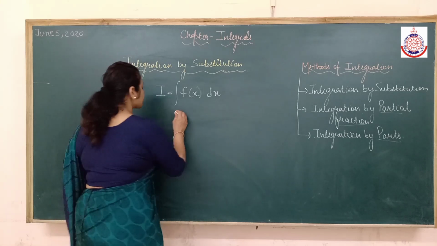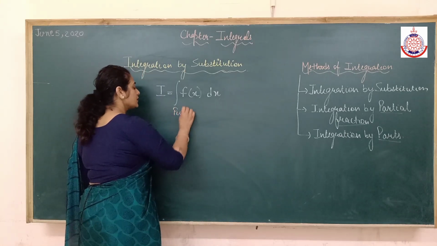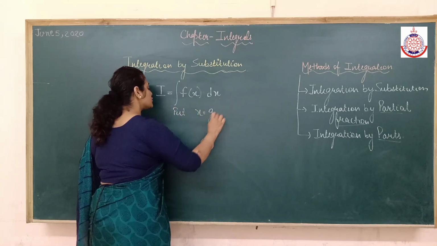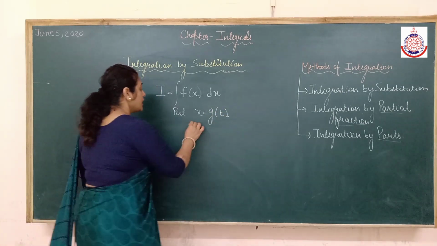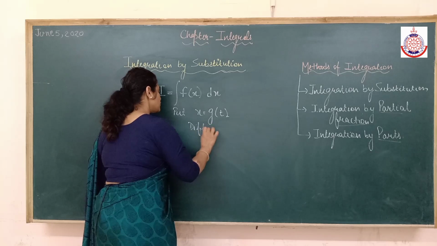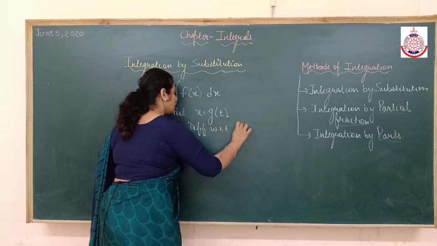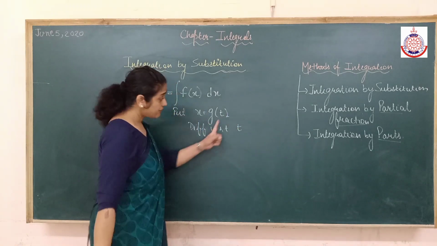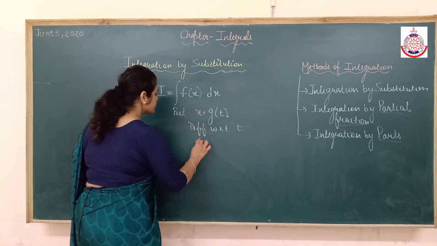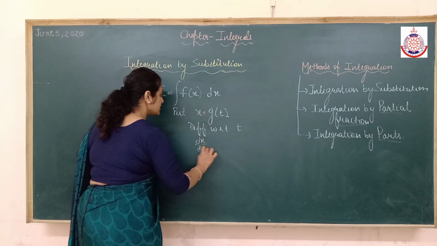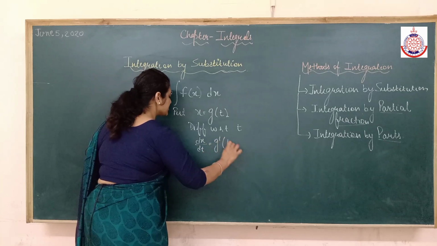What do we do? We put the independent variable x equals to a function of t, g of t. Differentiate with respect to t. Whatever the variable we have used, with respect to that variable we have to differentiate. So it becomes dx upon dt equals g dash t.